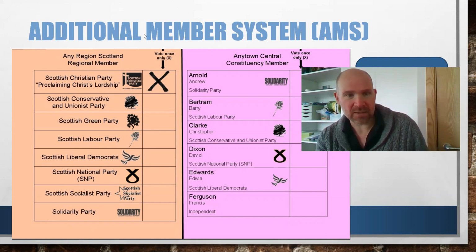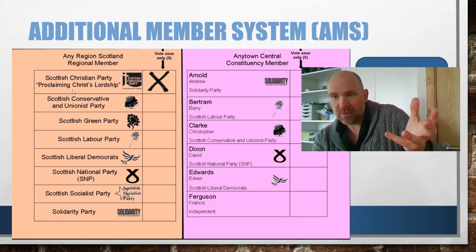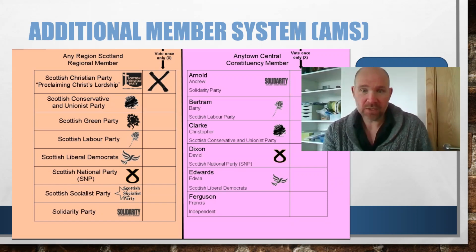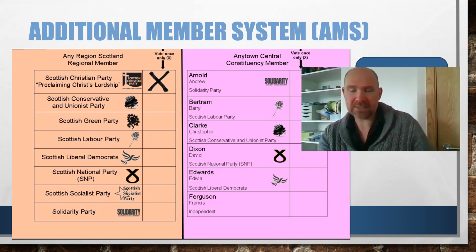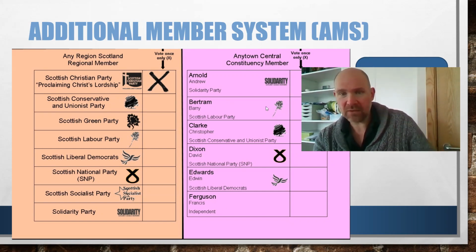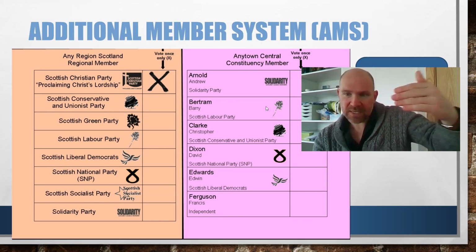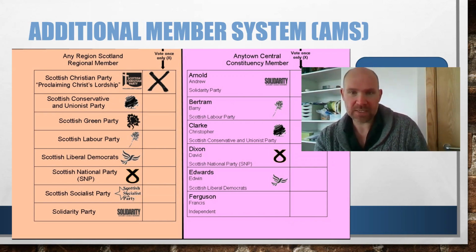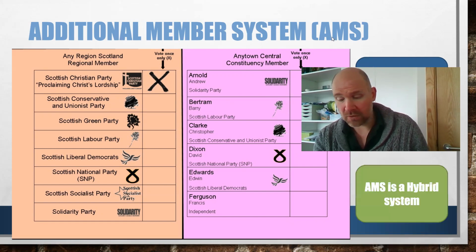What AMS does is it uses the proportional party votes to balance out the results. So it would boost up the Lib Dems, or it would boost up UKIP to try and balance out the results of the constituency votes, while still keeping all of the advantages of having a single MP constituency representative, and perhaps allowing for the possibility of a single party government in Scotland.